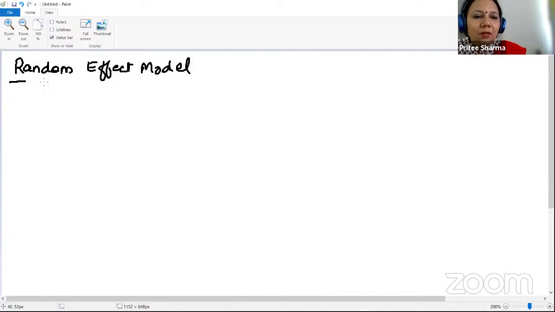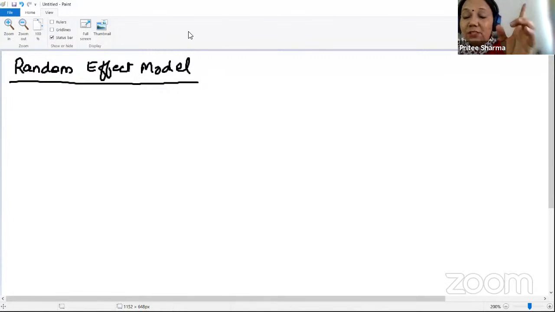All right. Random effect model is also known as... so until now you remember in our pooled estimation and also in our fixed effect model, what we were talking about was that we were addressing alpha, all right?